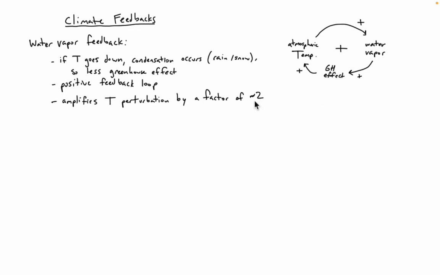So that's what we mean by a factor of 2. If we increased the atmospheric temperature 2 degrees based just on CO2, the total actual temperature change would be 4 degrees.